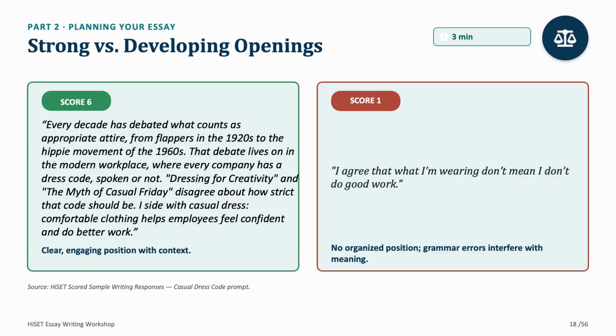But look at the other one that scored only 1. I agree that what I'm wearing don't mean I don't do good work. So it doesn't clearly establish a position, and there's some grammar problems that makes it somewhat difficult for us to understand. Now, the important lesson here is not that we're going to criticize the writer.